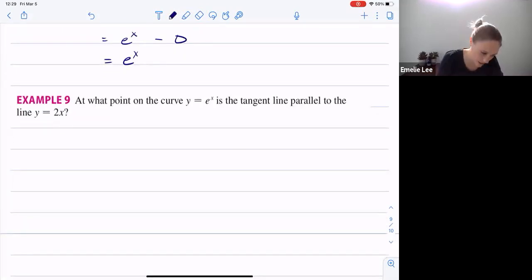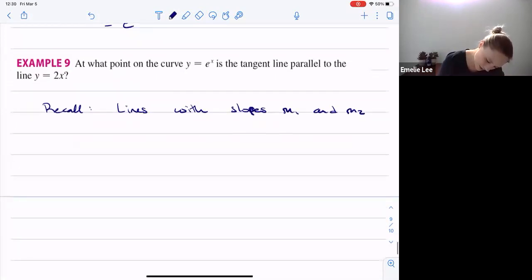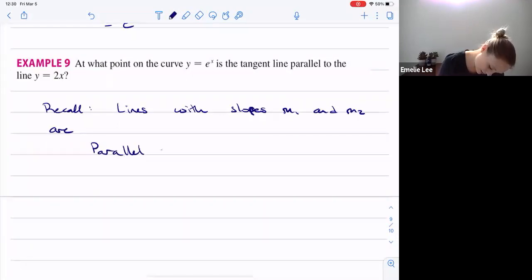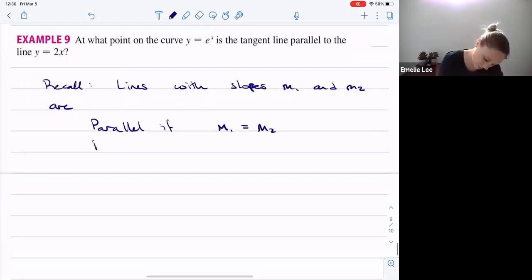So here, recall lines with slopes m1 and m2 are parallel if m1 is equal to m2, right? And so that's what we want in this case. And they're perpendicular, so 90-degree angles here.